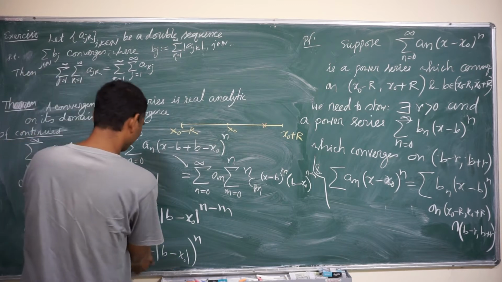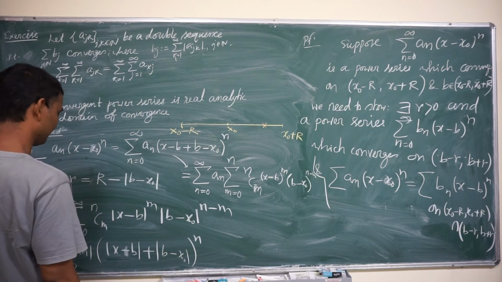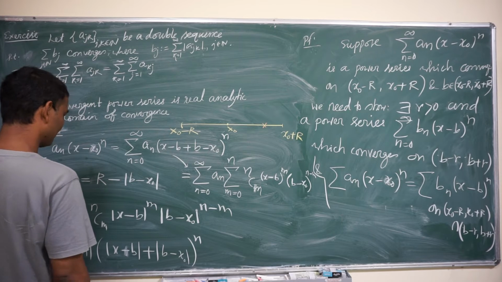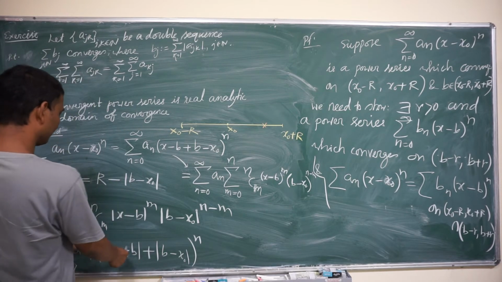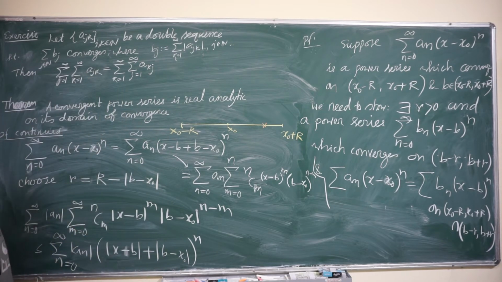So this total number from here is less than capital R. This sum is less than capital R.